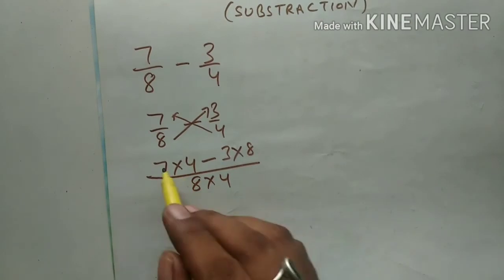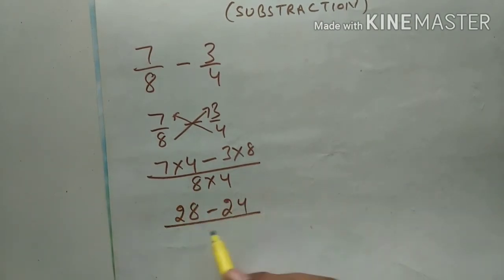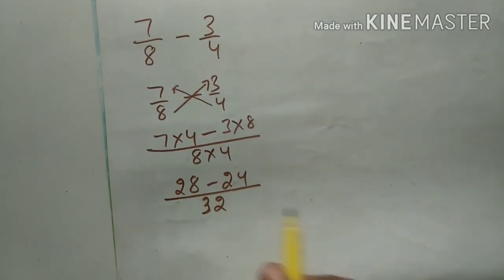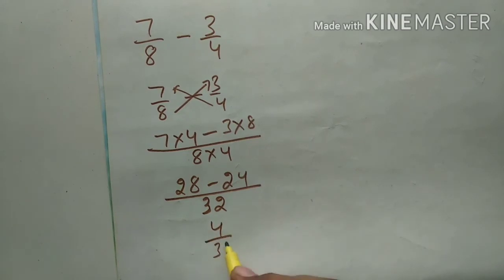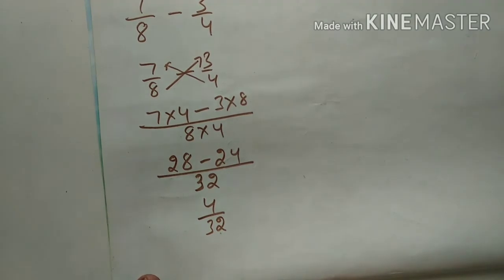Clear student? Now 28 minus 24 over 32. Okay sir. Now 28 minus 24, that is 4 over 32. Now we know that 4 divides 32 exactly.